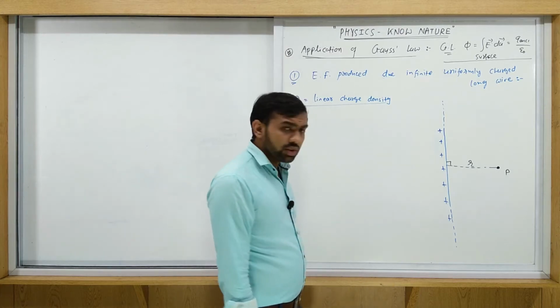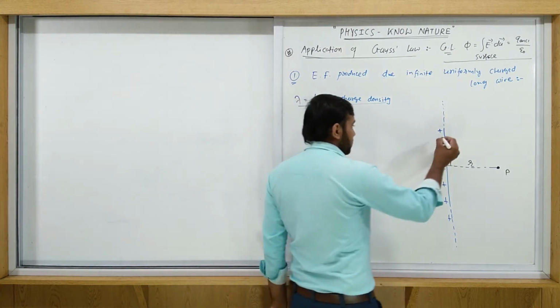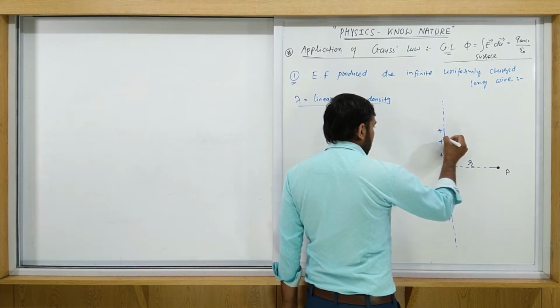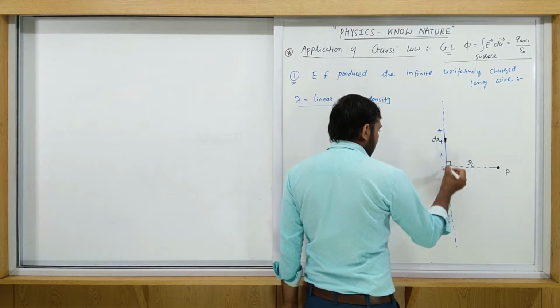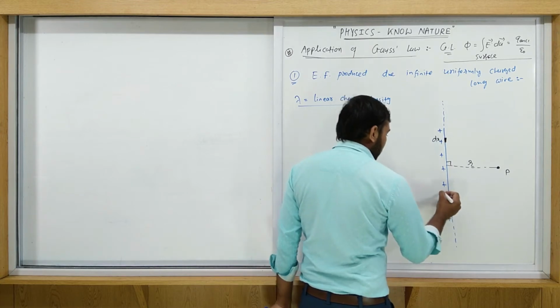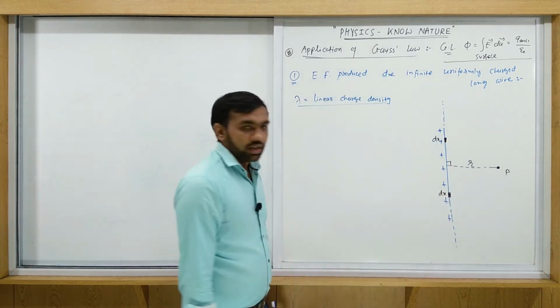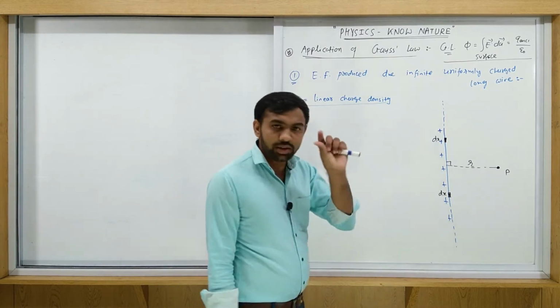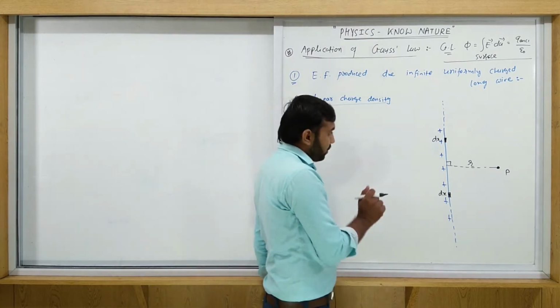So for this purpose, you consider this type of situation. Here is a small section dx of the wire, and at the same distance on the other side you consider another section, also dx.